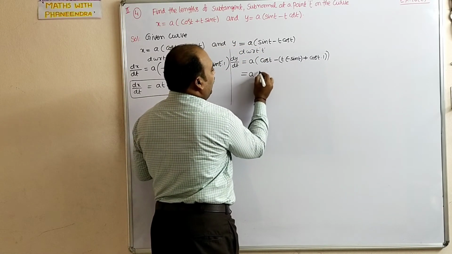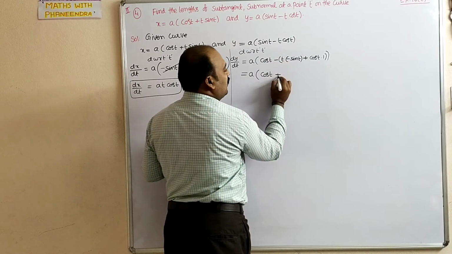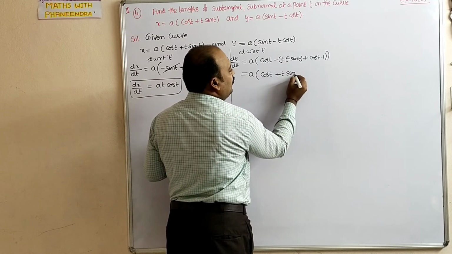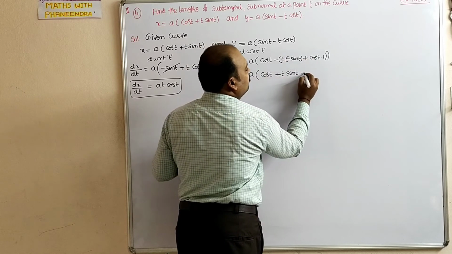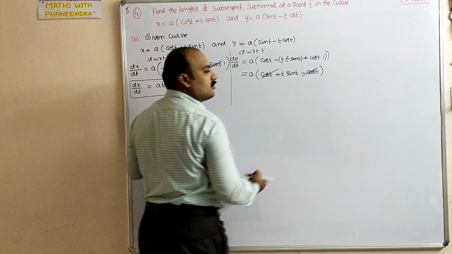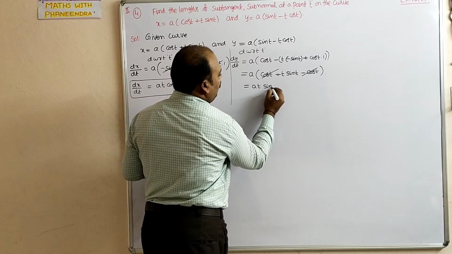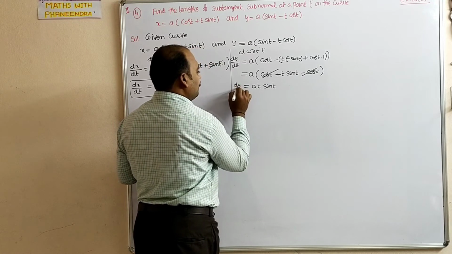This is a times cos t minus, minus into minus is plus, t sin t, minus into plus is minus cos t. So plus cos t minus cos t get cancelled. So a t sin t is the value of dy by dt.